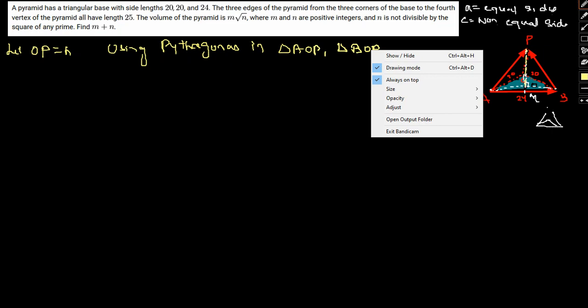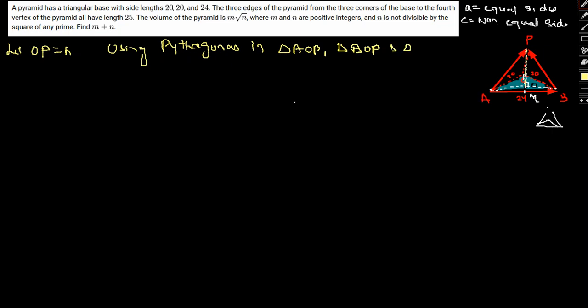Let OP, this particular length from here, equal H, and using Pythagoras theorem in triangle AOP, triangle BOP and triangle COP, all three are congruent triangles.